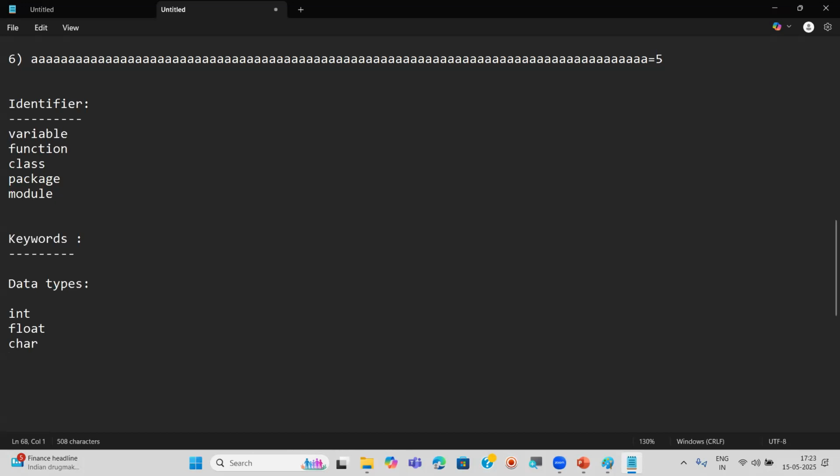But in other programming languages you have to use data types to create variables like this. To create and store a value, you can do it in two steps: creation, then storing the value. Or you can do it in a single step also, like float equal to 1.2. However, this syntax we don't use in Python.